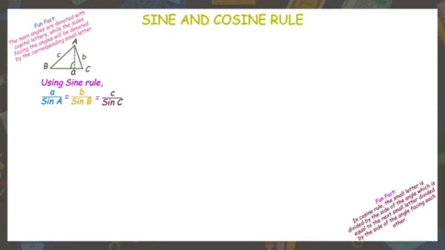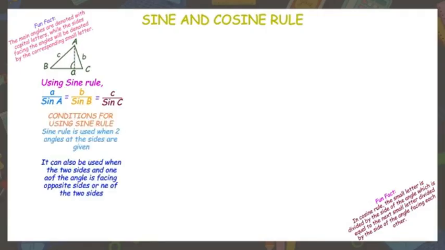Then when do we use sine rule? In what occasion? What is the condition for using sine rule? Sine rule is used when two angles and a side are given.